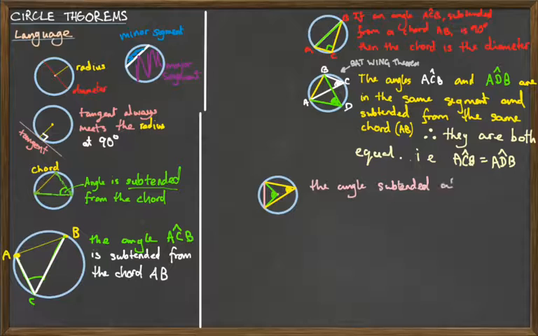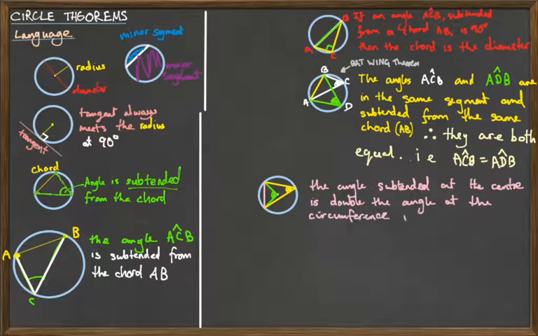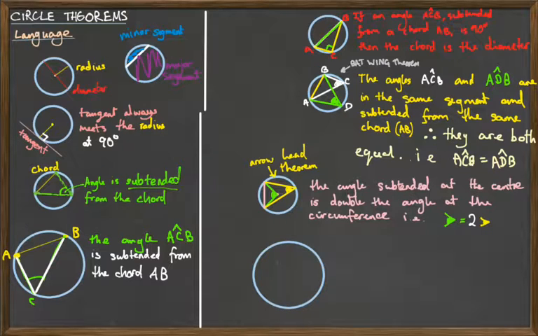So the theorem is the angle subtended at the centre is double the angle at the circumference. Now, pictorially, I might say the green angle is double the yellow angle. That's what I mean. The green angle there is double the yellow angle. I might call this the arrowhead theorem because each one looks a bit like an arrowhead. Okay?